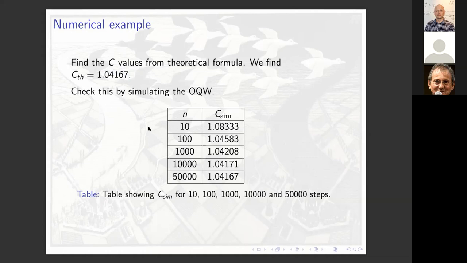I've got data here for 10 steps for the open quantum walk, and then 100 steps, 1,000 steps, 10,000 steps, and 50,000 steps. At least in this example, we can see some nice convergence to the theoretical value. So again, our central limit theorem appears to work as expected.